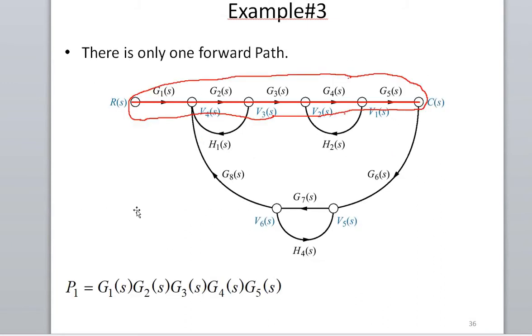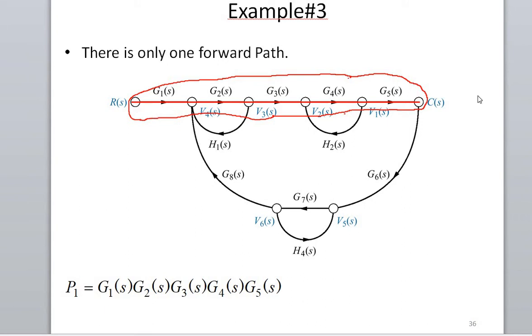In this question, we can see that there is only one forward path, starting from R(s) to C(s). That is, R(s) to V4, V4 to V3, V3 to V2, V2 to V1 and V1 to C.